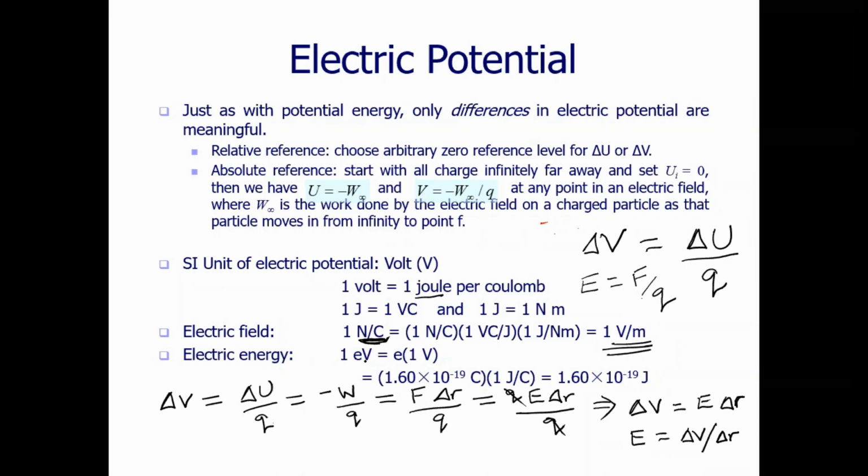Basically, 1 electron volt is 1 volt multiplied by the electronic charge, 1.6 times 10 to the power minus 19 coulombs. Remember, 1 volt is 1 joule per coulomb, so the coulombs cancel out. Then 1 electron volt is equal to 1.6 times 10 to the power negative 19 joules.